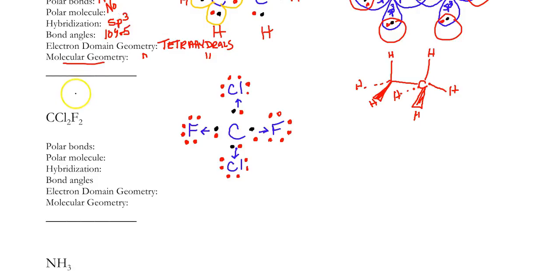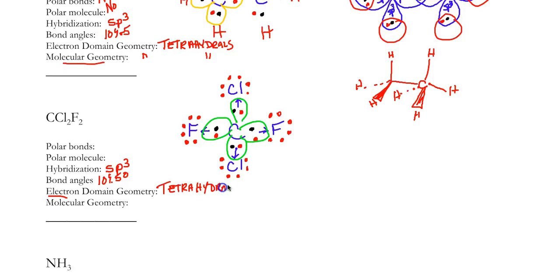I know we're on an sp3 worksheet, but you count how many different regions: 1, 2, 3, 4, which gives us sp3. Because of that, the bonds, or how the electrons repel, will be at 109.5 degrees. Because of that, the electron domain geometry must be tetrahedral.